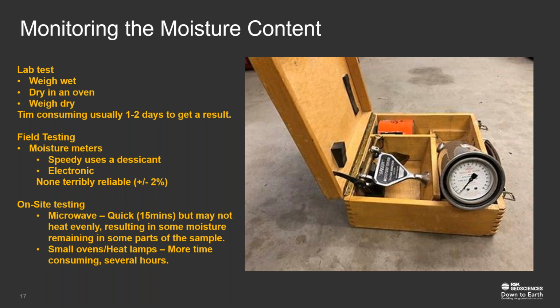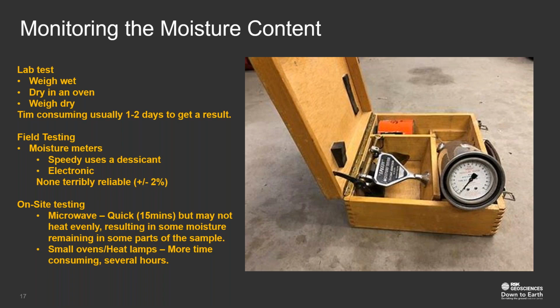An alternative approach is to use on-site testing, where effectively you bake the soil on site, again measuring its weight before and after you've baked it. That can be done either in a microwave or a small oven, or a heat lamp. Microwave can be quite quick, but with both test methods, you've got to make sure that you prepare the sample quite carefully and that it's actually evenly baked throughout.